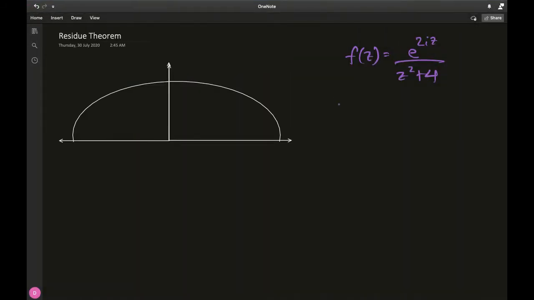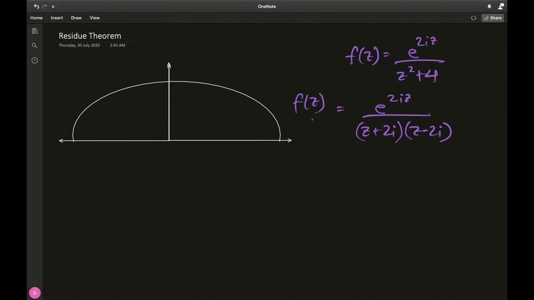Okay, in order to find the residues of f of z, we need to find those points of singularities or poles. Basically points where the denominator becomes 0, making the entire f of z undefined. For that, we can factorize the denominator as z plus 2i multiplied with z minus 2i, just the glorified difference of squares identity.